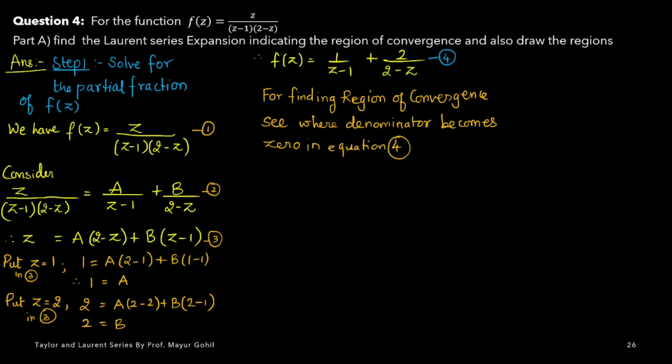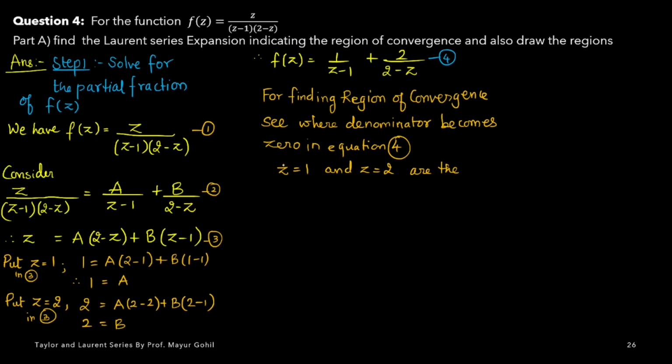So in equation 4, when you see that, you come to know that z equal to 1 and z equal to 2 are the points that are called singularities.